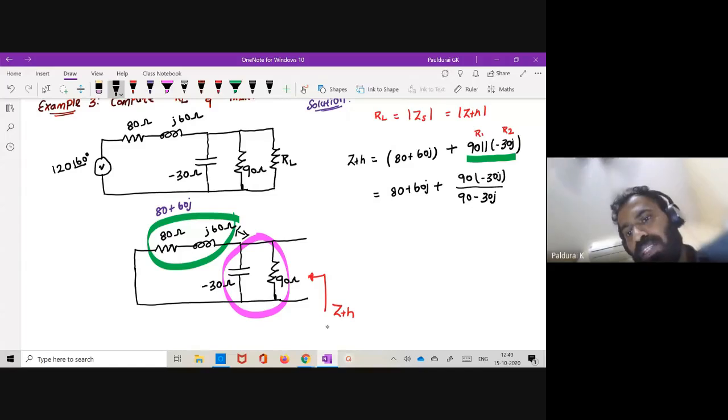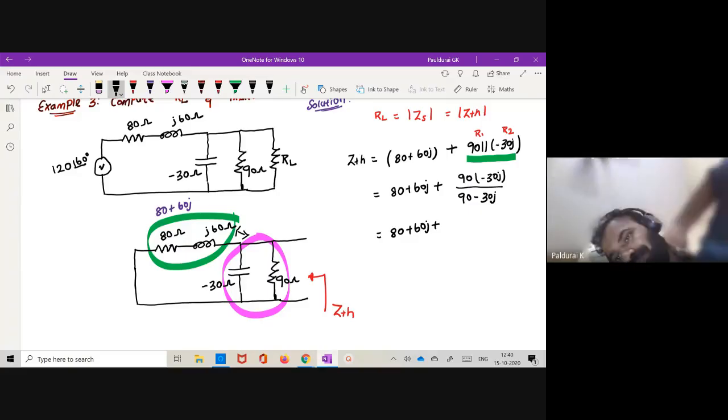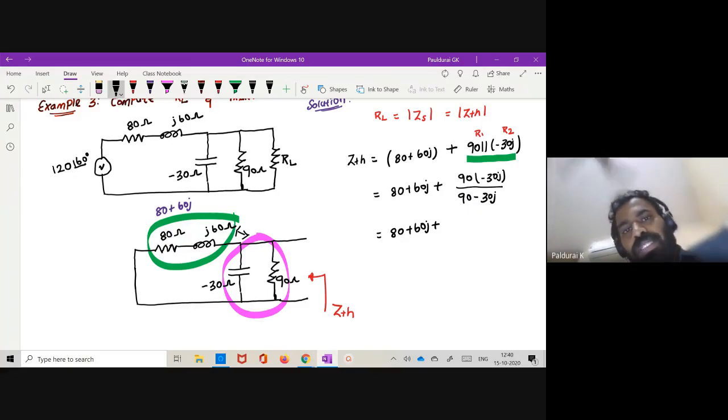Let me know the answer in rectangular form, since here I am having rectangular.